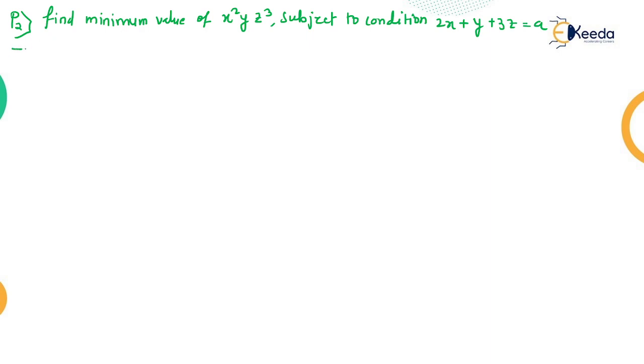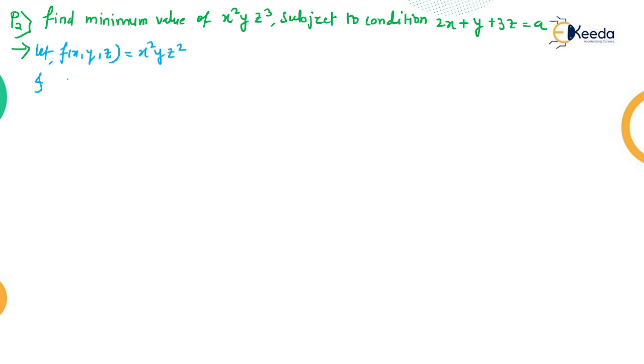Clearly you have to observe this question and write what is f of xyz and what is the condition phi of xyz. So I am writing first f of xyz, which is given in the question: x square y z cube.